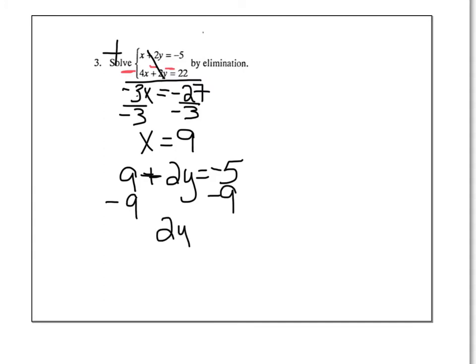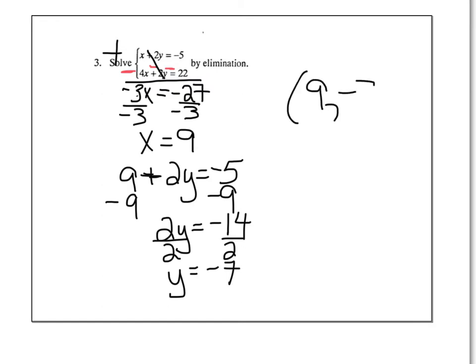So 2y equals negative 14. Divide both sides by 2. So y is equal to negative 7, which means my solution is 9, negative 7.